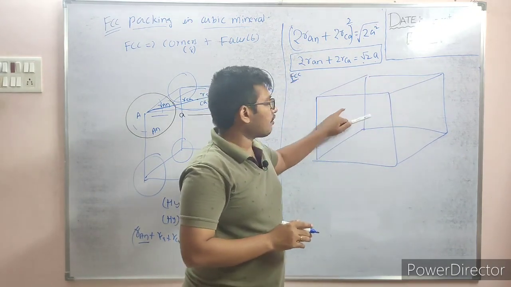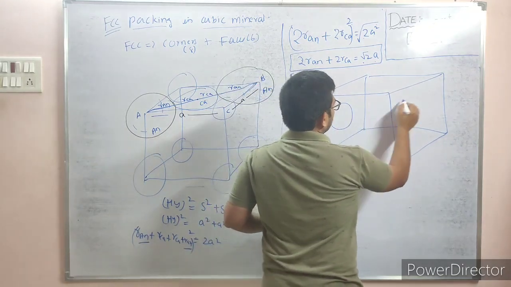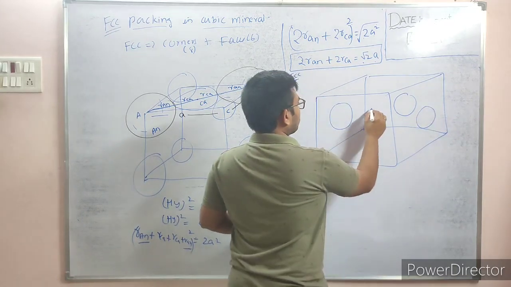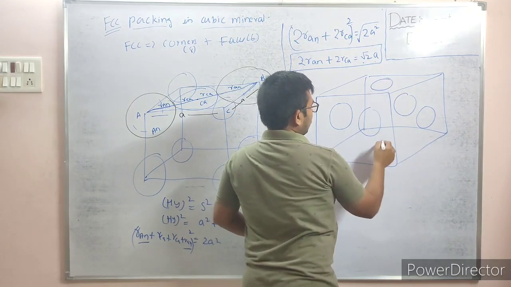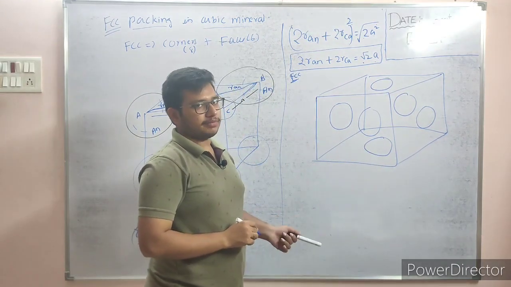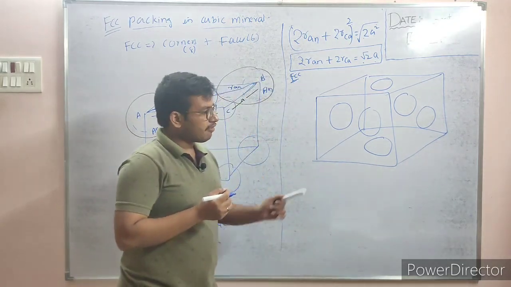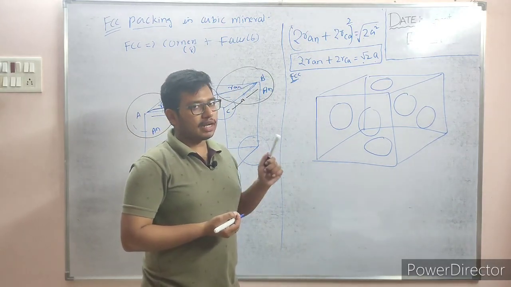Okay, we just have to find the atoms on the faces of the cube, and this atom is present here, this atom is present here, and this atom is present sideways, and this atom is present in the front face, this atom at the top, and this atom at the base. So these are the 6 atoms present here, right? Now the simplest way from the origin to this position we have to calculate. That is how we designate it.